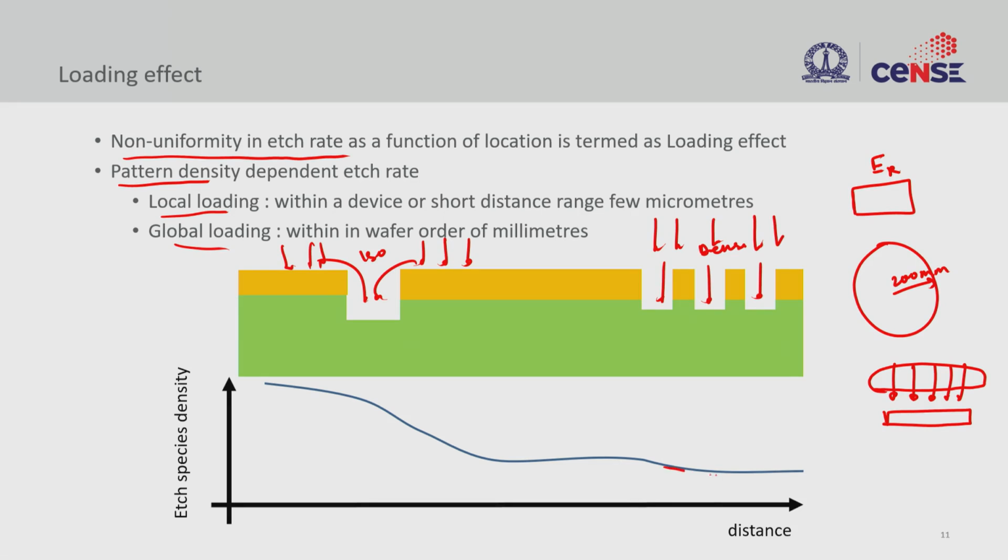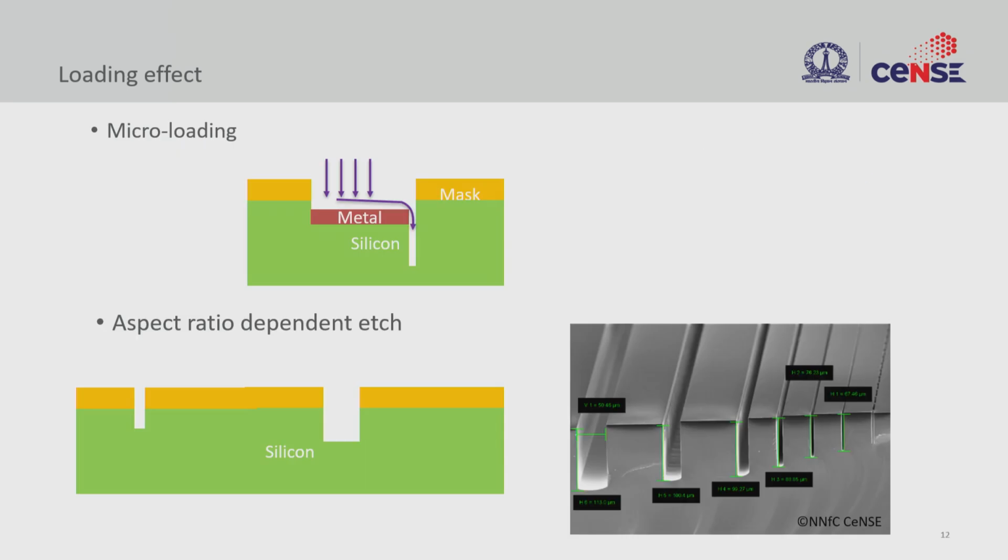So that is the reason the species density is lower compared to an isolated line, and at the edges you see a differential. This is where you see the transition from no patterns at all to suddenly having a pattern. So all the radicals that are coming down here can migrate and help in the etching of this first tooth, which is actually a micro loading effect. So that is what we observe here.